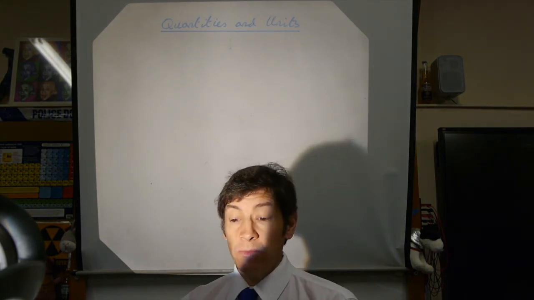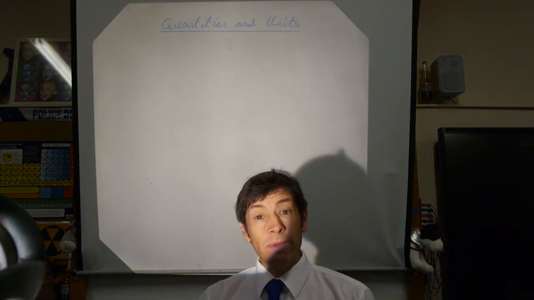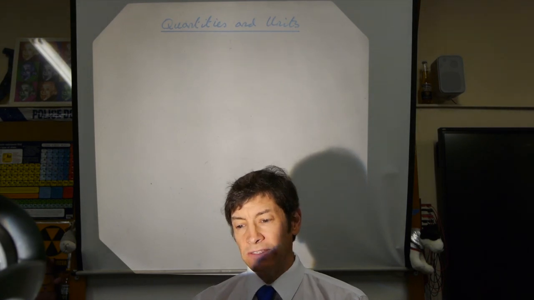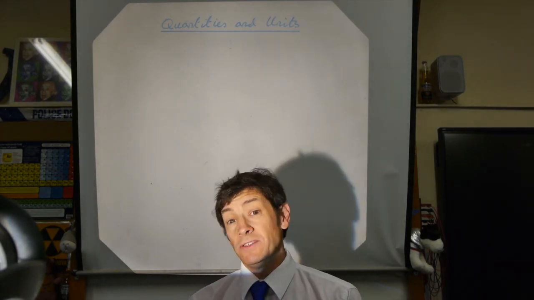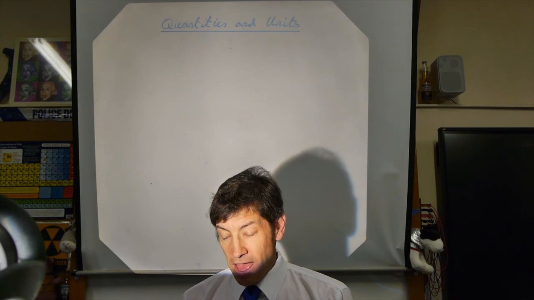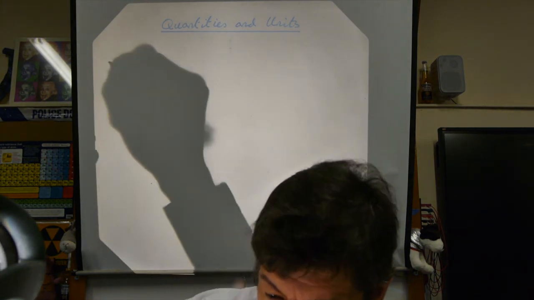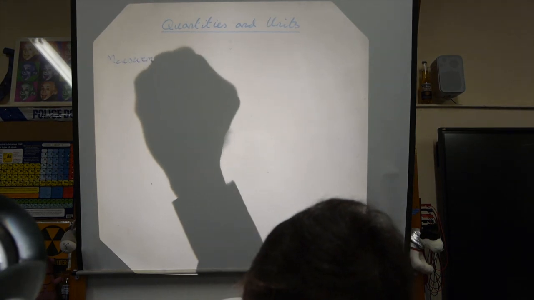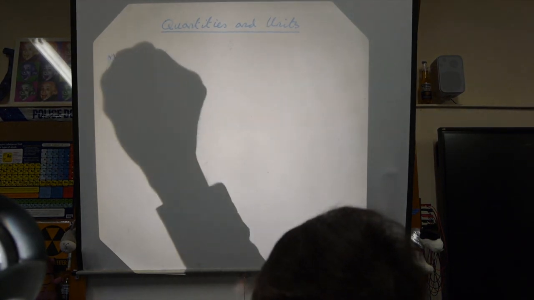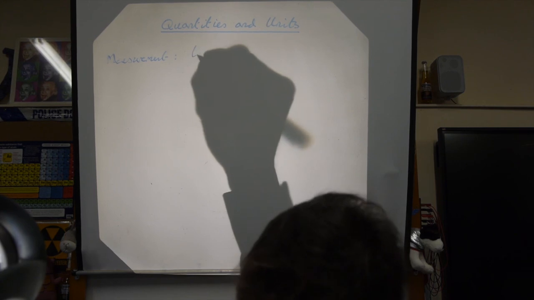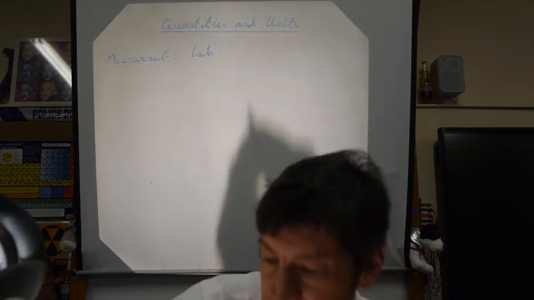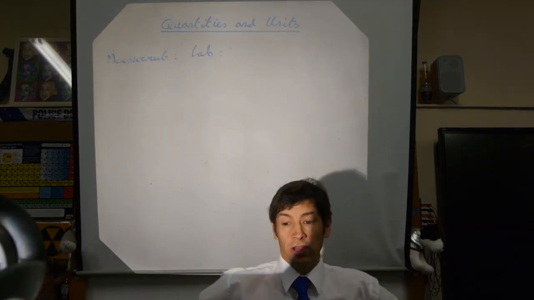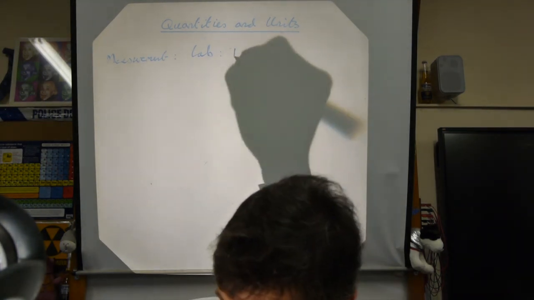So the first thing we're going to look at is how we make measurements in physics and what units we do those measurements in. It's interesting because if we look at a measurement of my laboratory, and I measure the width of the laboratory, it's 10.